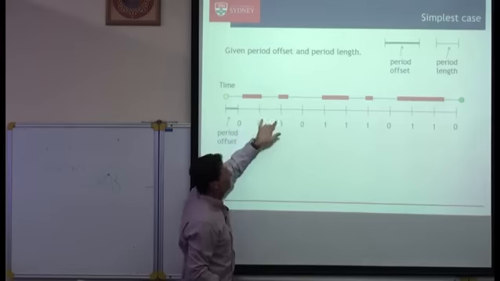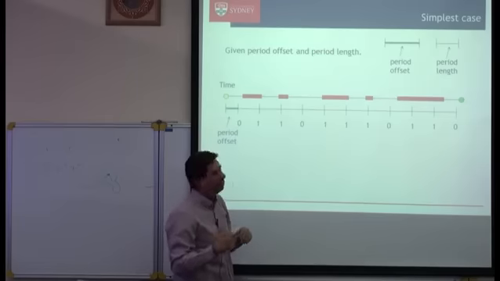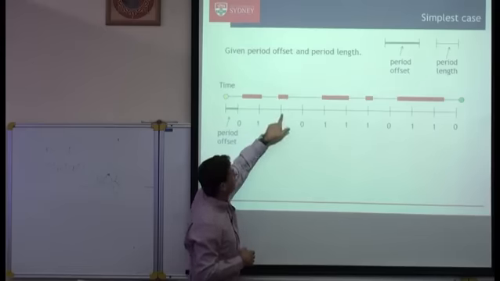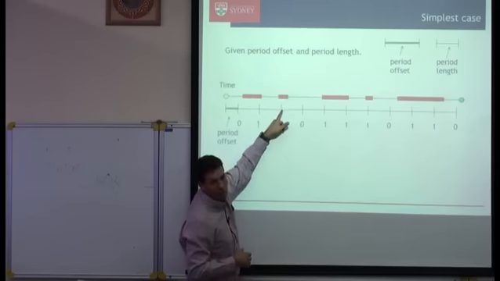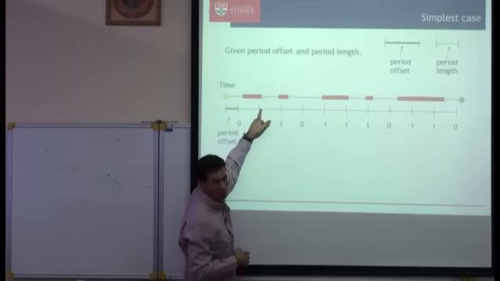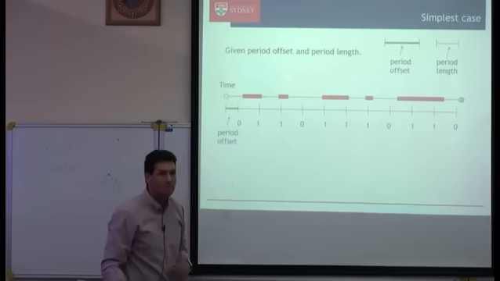But say I want to track that you do something with a weekly regularity. Say you play for 1 hour every Friday afternoon. This is the Friday afternoon when you're playing football, and this is another Friday afternoon when you're playing football. And you do it during a long period.